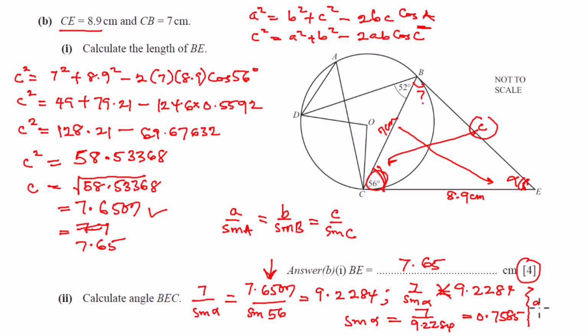So alpha is going to be the sine inverse of 0.7585.